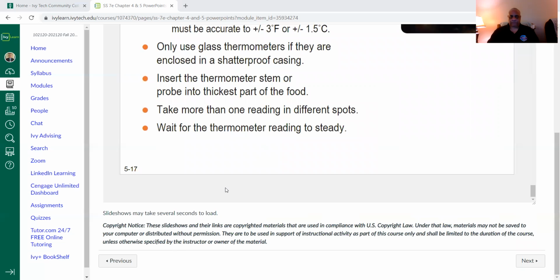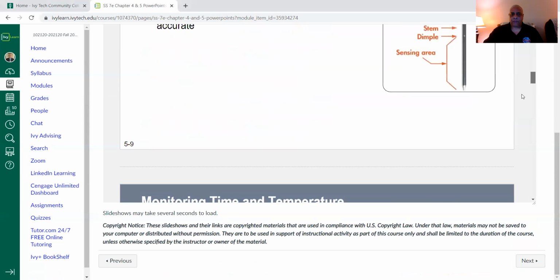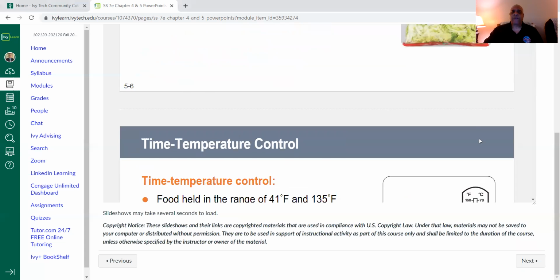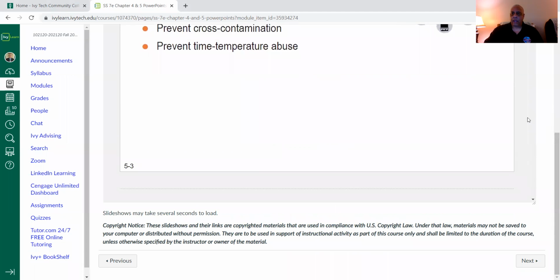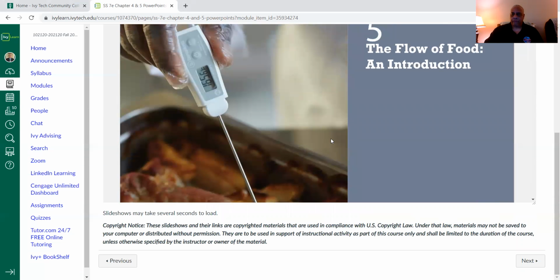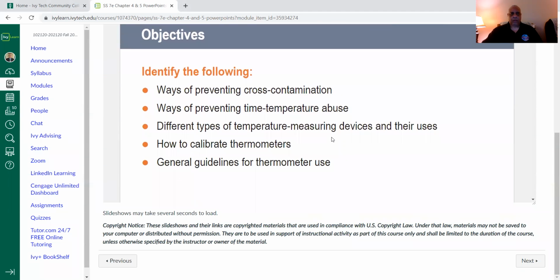And again, that concludes this topic. We have talked about the flow of food. The flow of food is very important because what we're trying to do is find ways of preventing cross-contamination, ways of preventing time temperature abuse, and of course, different types of temperature measuring devices and their uses come into effect.